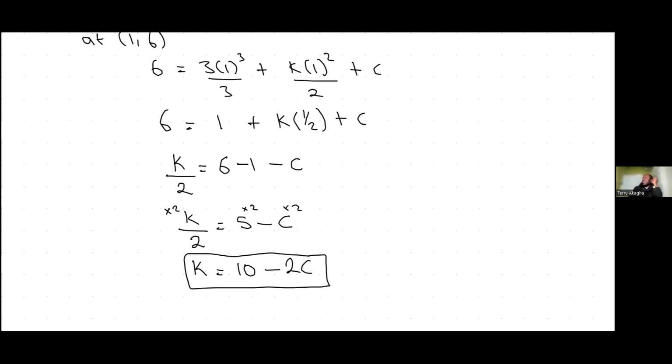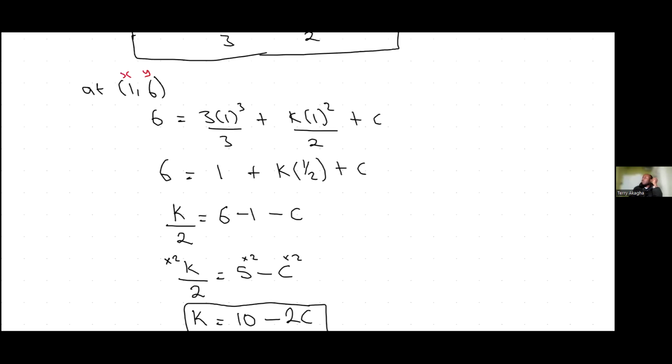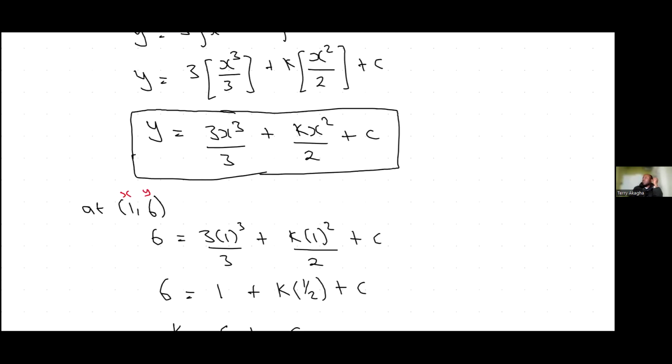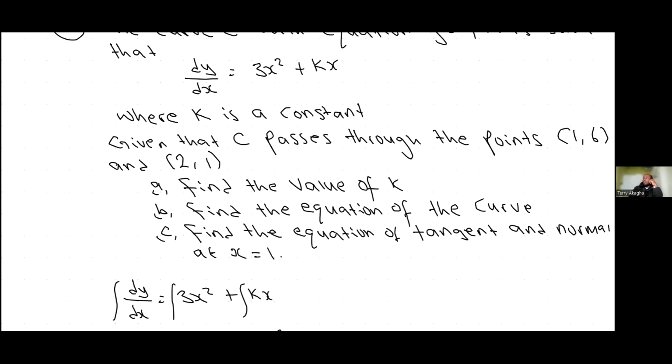Now I'm going to do the same thing for the second point. The second point was at (2, 1). I've done it for (1, 6) already, so I'm going to do it for (2, 1) now.